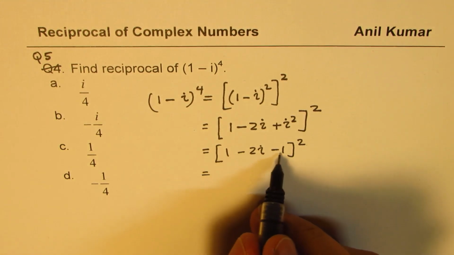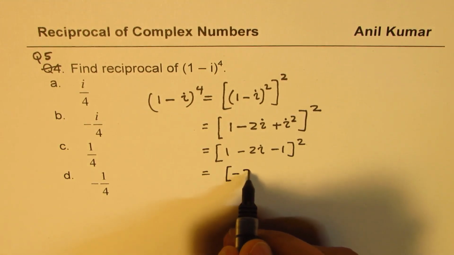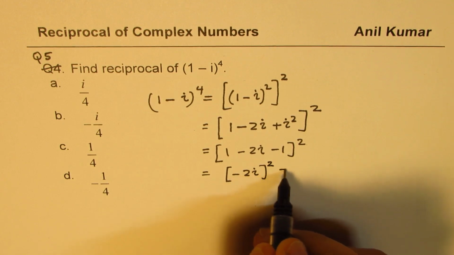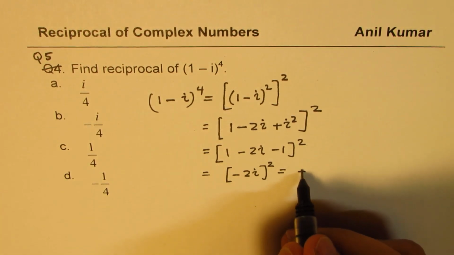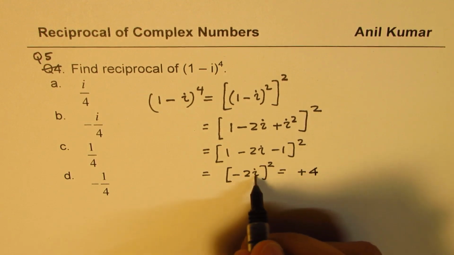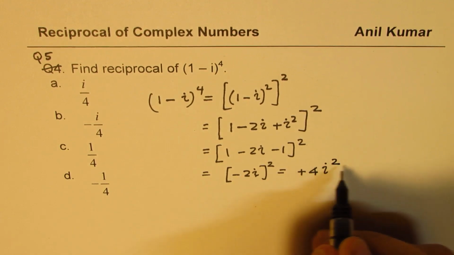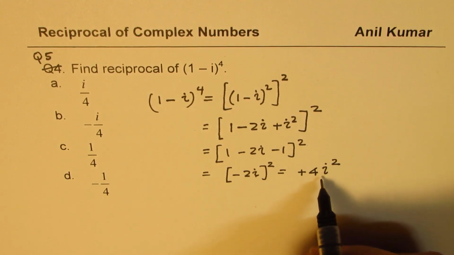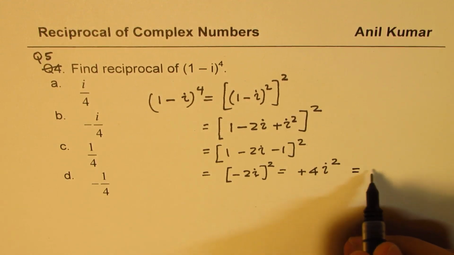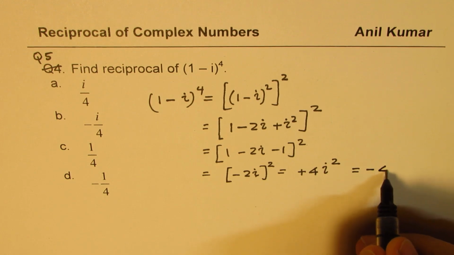So 1 minus 1 is 0. So basically we get minus 2i whole square, and that becomes now, this minus becomes positive, 2 square is 4, and then we have i square. Do you see that part? Right? Now, i square is negative 1, so we are going to write this as negative 4.